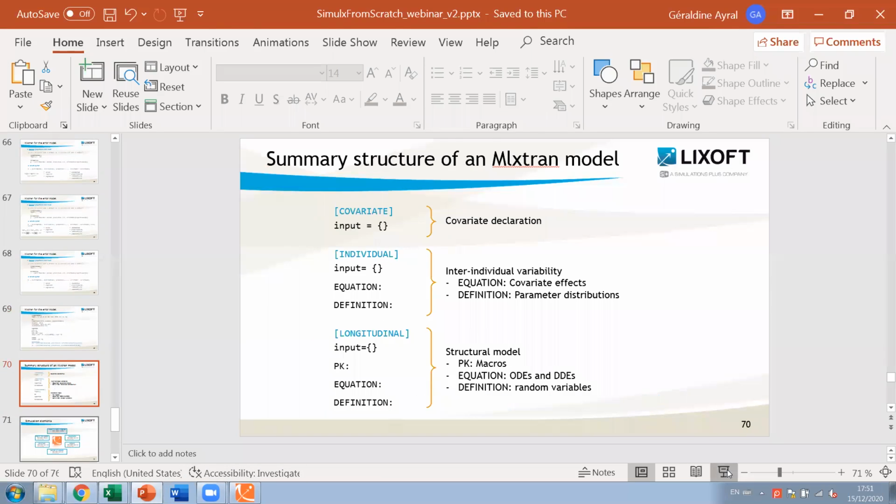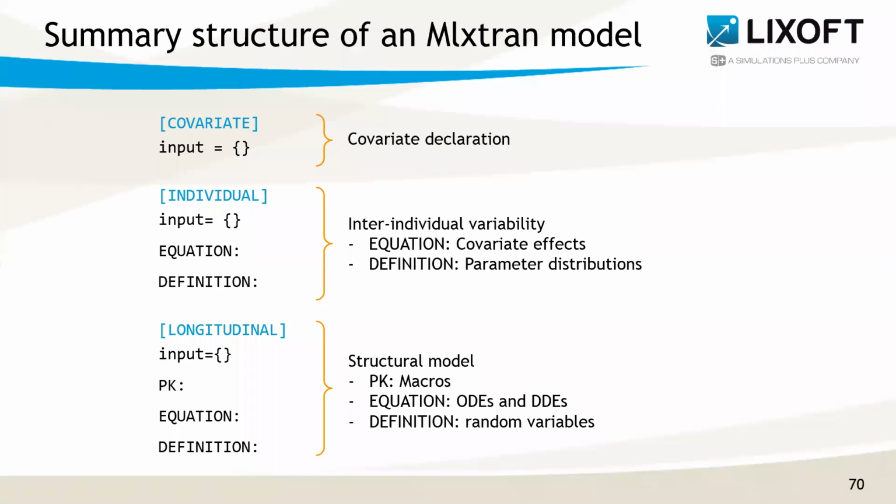If I go back to the slides, the key point when you start from scratch a Simulx project is to define the model using the mlxtran language. This means that you need to define the longitudinal blocks. That's mandatory. You can have a block PK where you can use macros, equations for ODEs and DDEs, and definition to define random variables, for example, to define the error model.